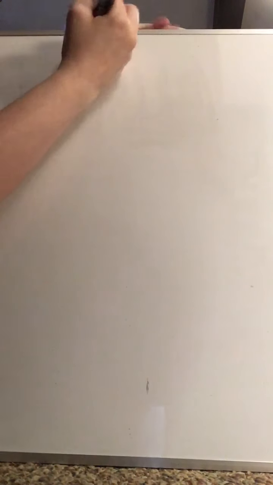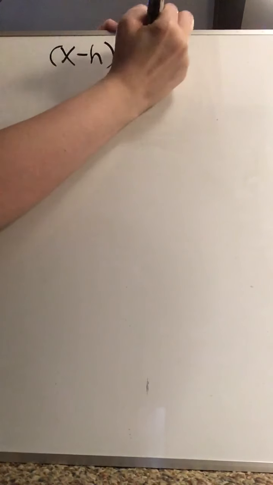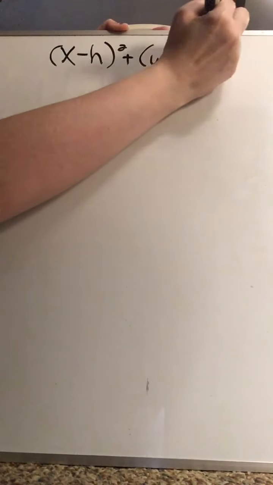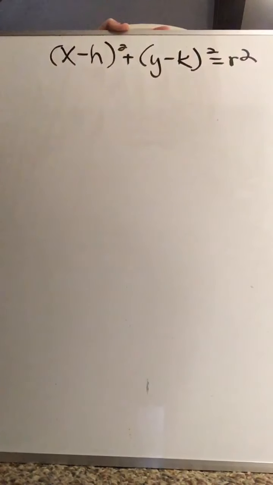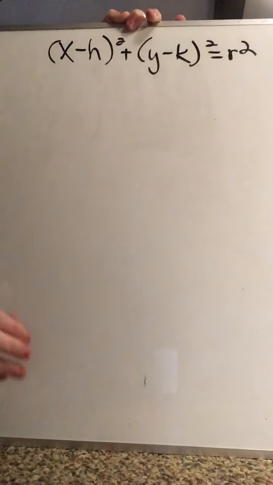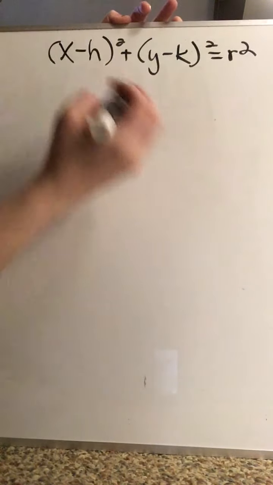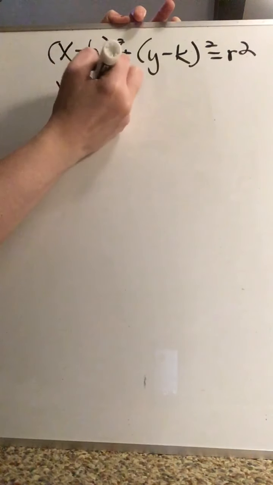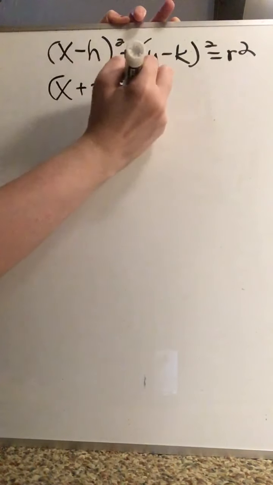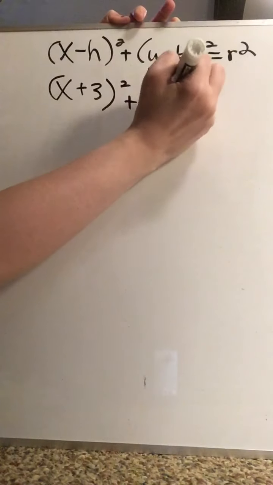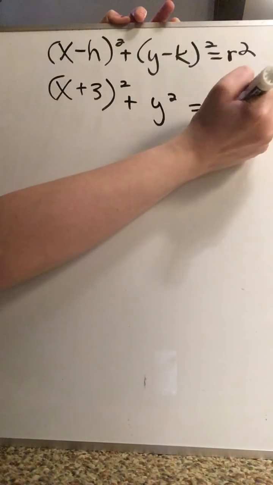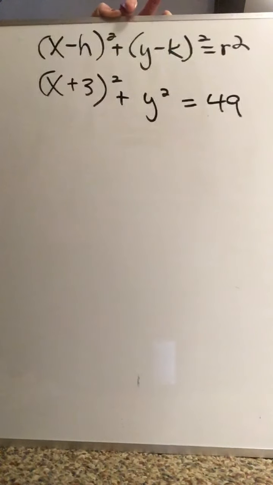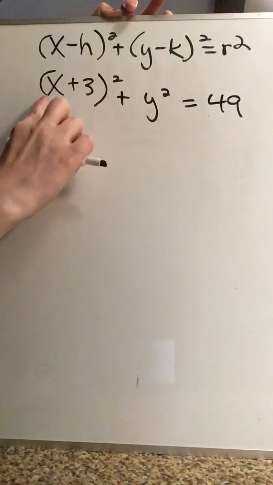Okay, so if I had, let's say, (x plus 3) squared plus y squared equals 49. This says x plus 3.